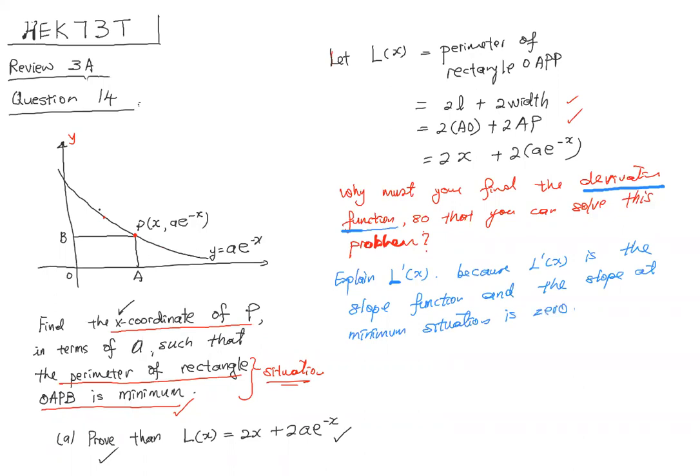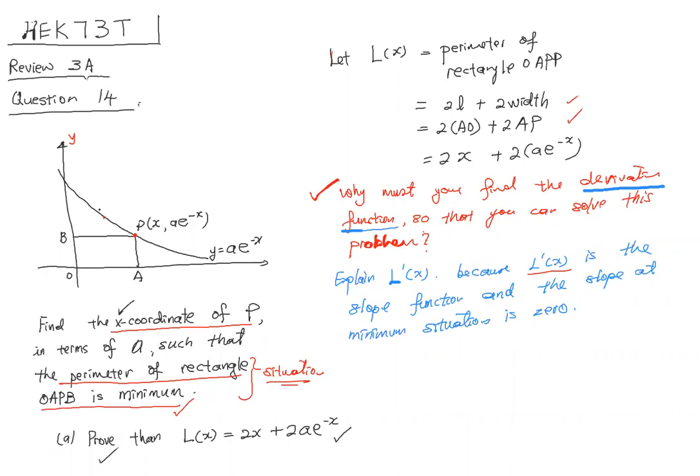So in order to find the minimum situation, you must have this first. So this is how you answer this why question. So go back to your basics. Do you know the meaning of L prime x? Are you okay, students?